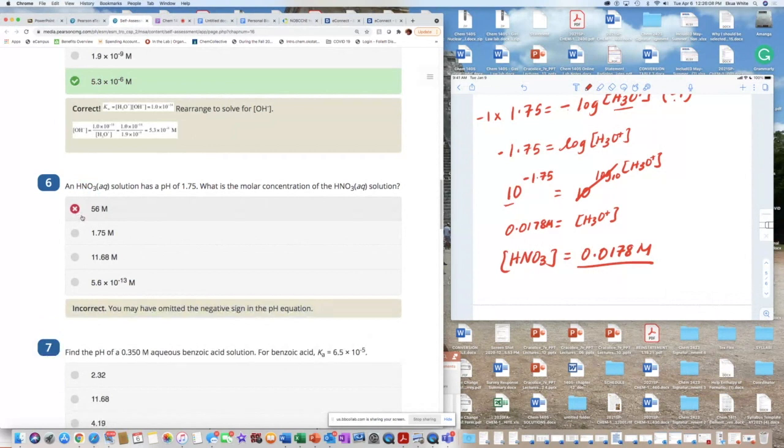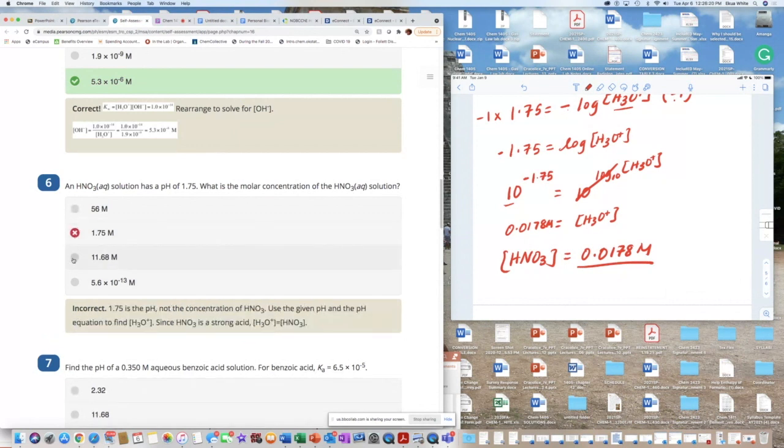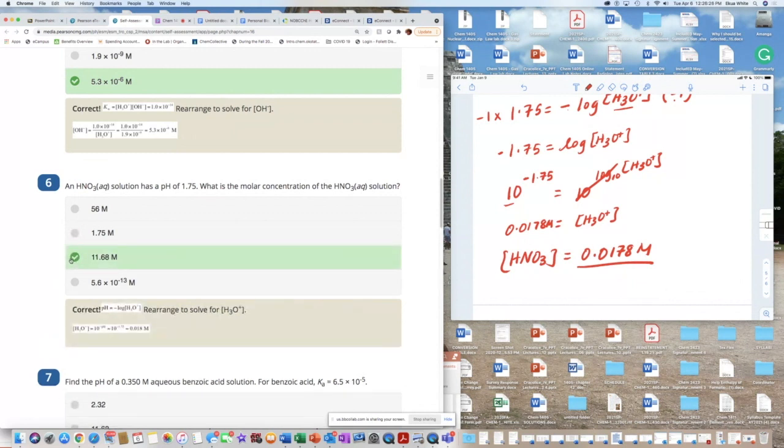Okay, let me click through everything. It says, no, you may have omitted a negative sign in the pH equation. Okay, let me see. We said 10 to the power negative 1.75. Oh, that's the number you get. You see how they go through all of that? That is impossible.